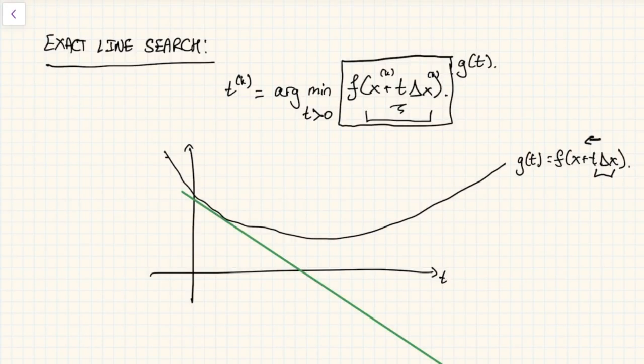Note that in the exact line search way, your tk would be chosen to be here. This is the t that minimizes g. It's right here, right? So this is t, let's say k, that is right here. But there is a problem in exact line search. It's because this will highly depend on the discretization step.